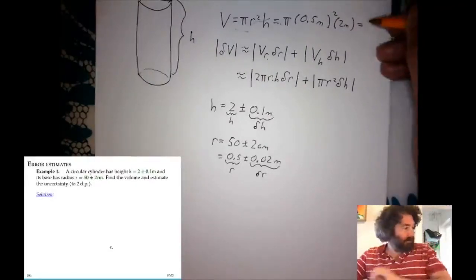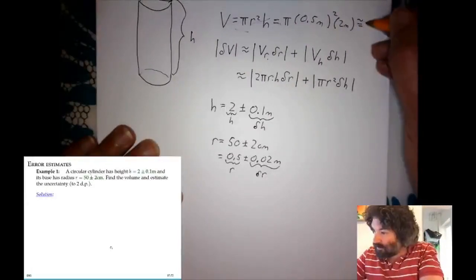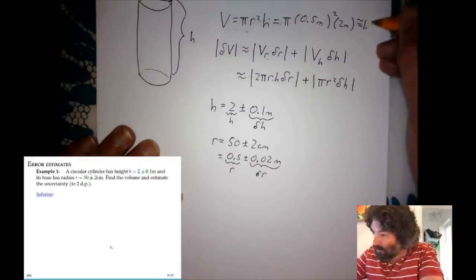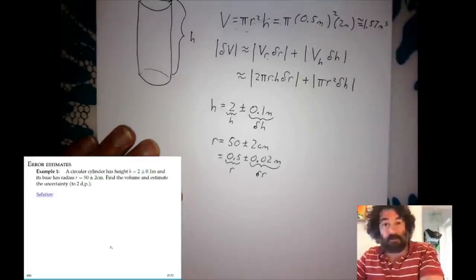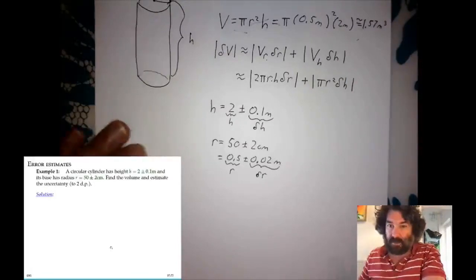And so if you put that in your calculator, you get, to two decimal places, 1.57 cubic meters. So if we just use the measurements and ignore the error, that's what we calculate for the volume.